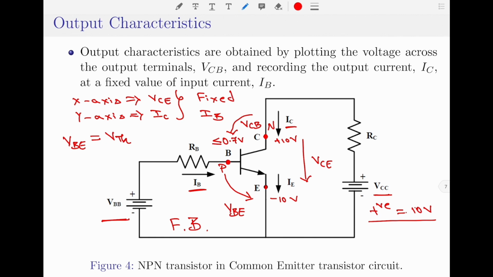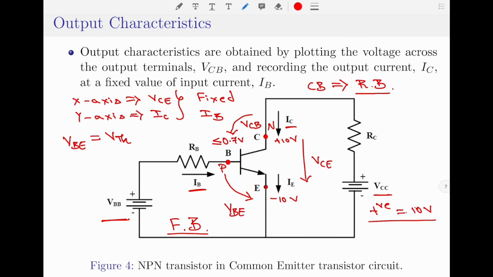Coming to the collector and base junctions, since the collector is at plus 10 volt and base is at plus 0.7 volt, the potential difference between the collector and base terminals will be positive, and therefore, the collector to base junction is once again reverse biased. You should now note that the base to emitter junction is forward biased, but the collector to base junction is reverse biased. For this condition, the transistor enters active region of operation.